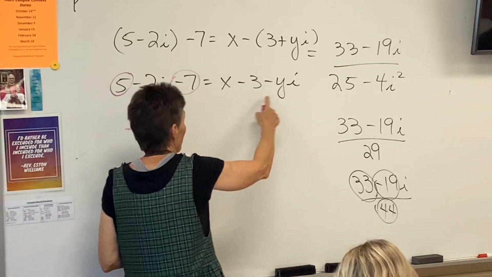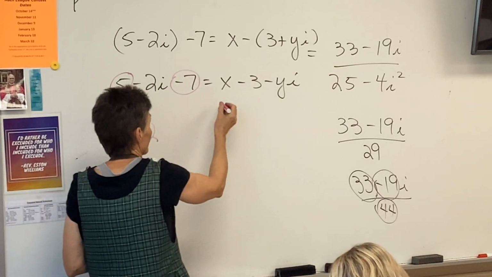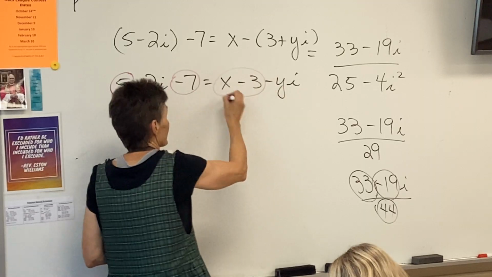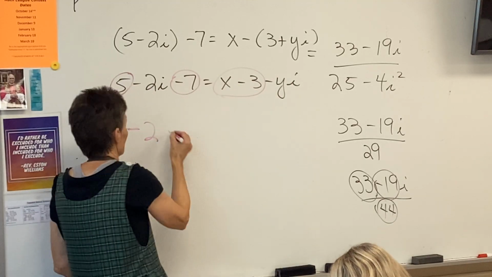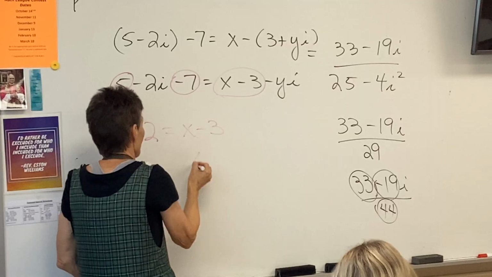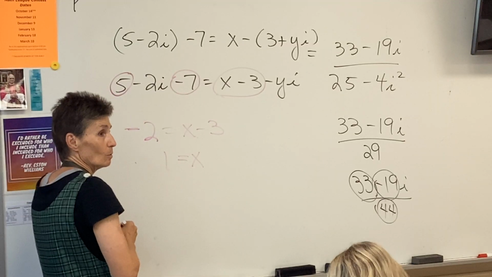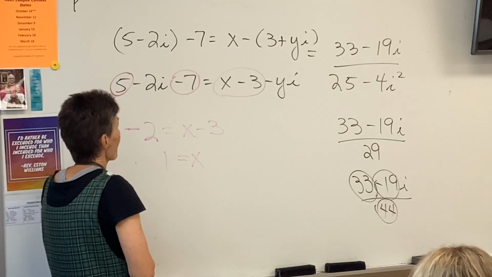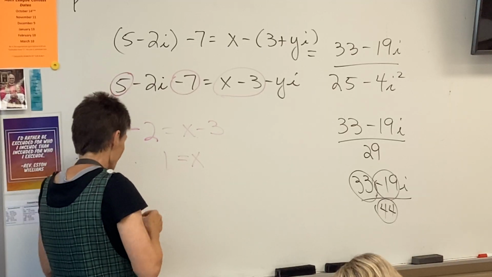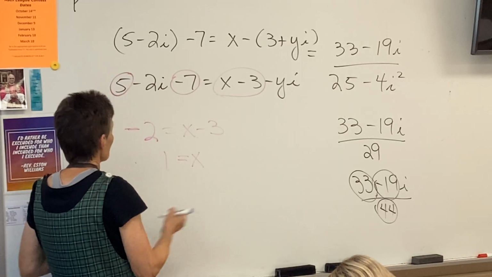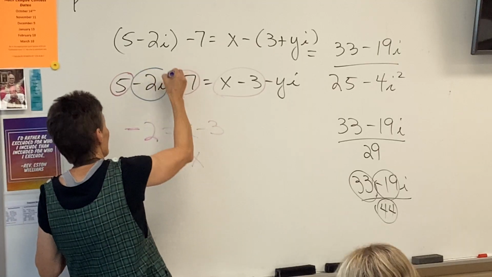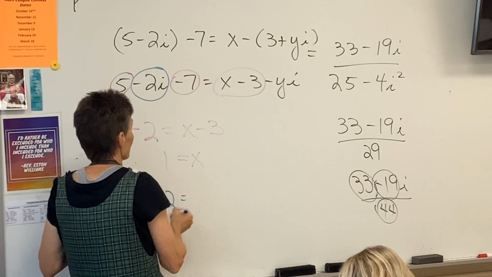And what are the real parts over here? x minus 3. So it looks like x has to be 1. What are the imaginary parts? Well, over here, it's -2.